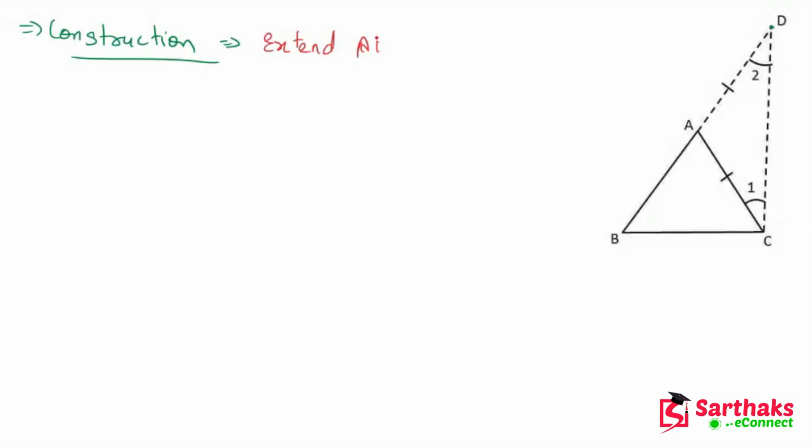Extend AB to D such that AD is equal to AC. Got it? Now let's start to prove this.